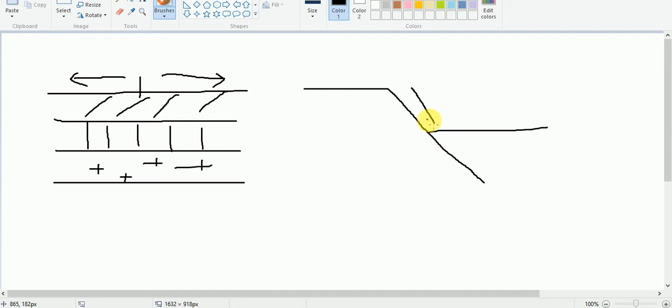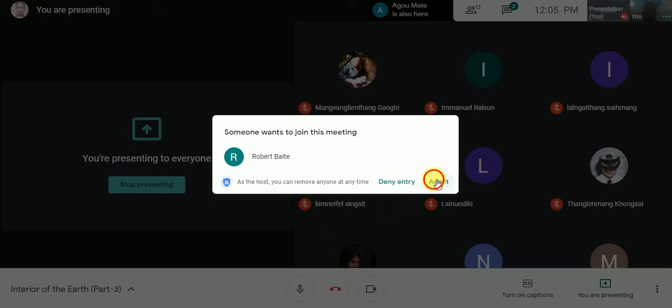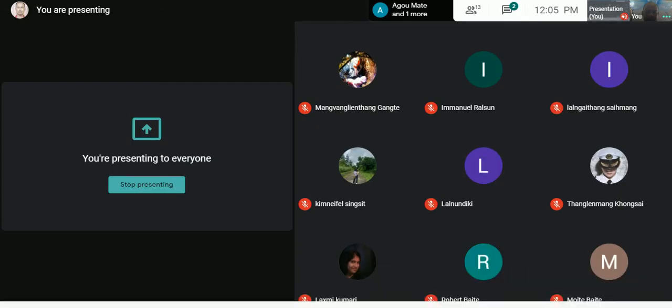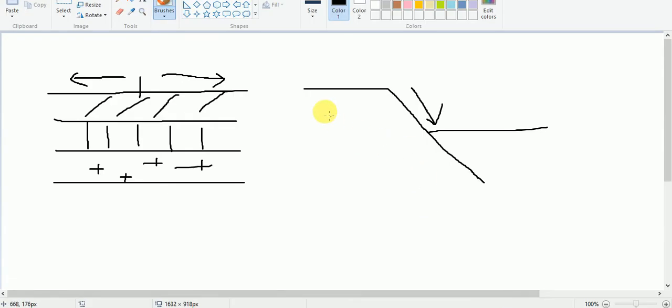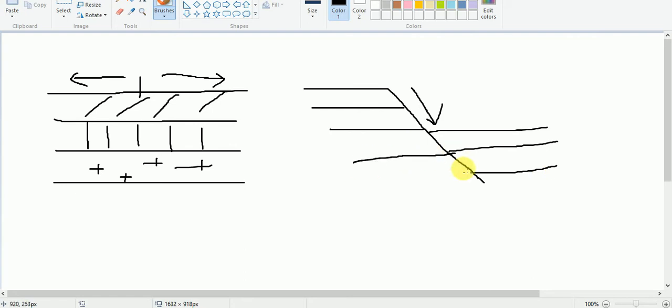See here. It is here, the second one is here, and the third one is here. So this is the first layer. The first layer is coming here, subsided here, and the second one is coming here, and so on.